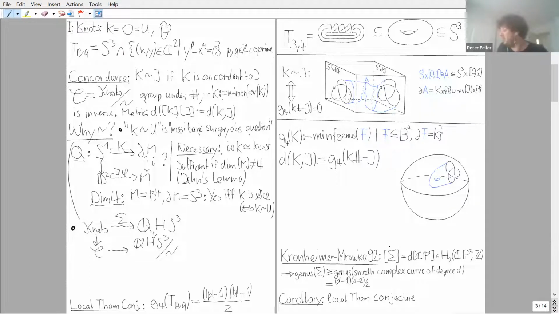So a complex curve representative of this homology class. And there's an explicit formula that you can figure out by hand. And it involves something which looks a lot like this. And then the local Thom conjecture is a consequence.